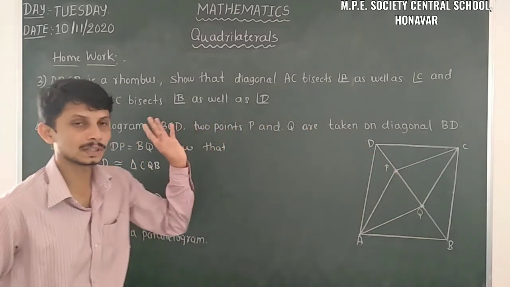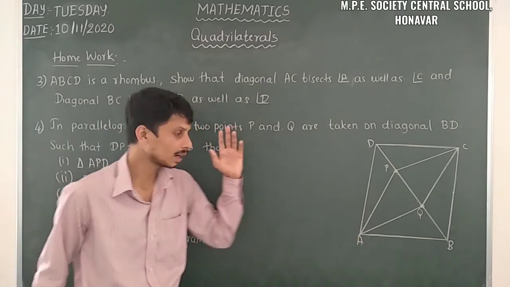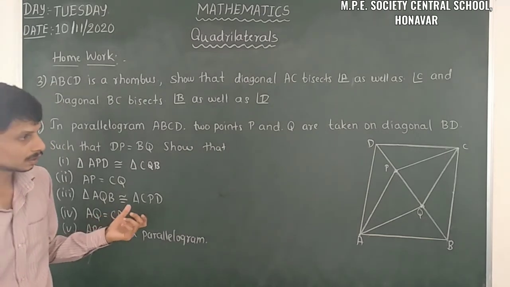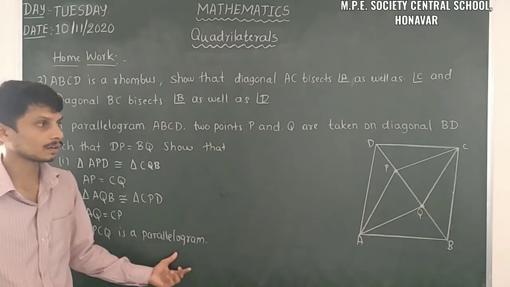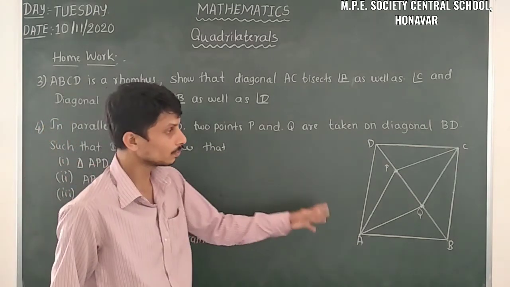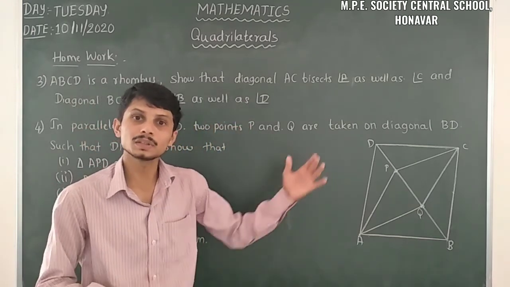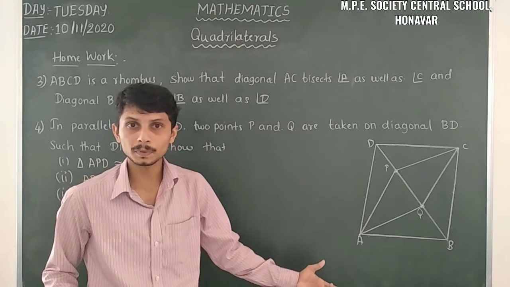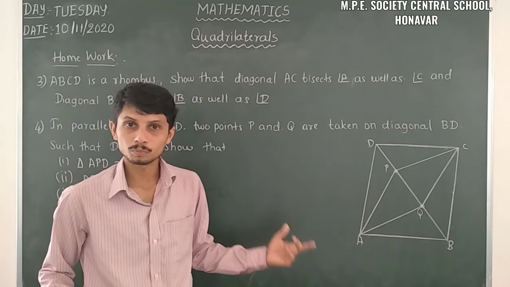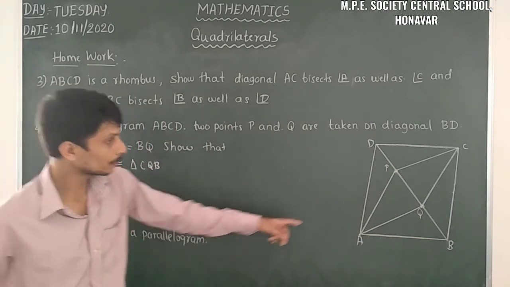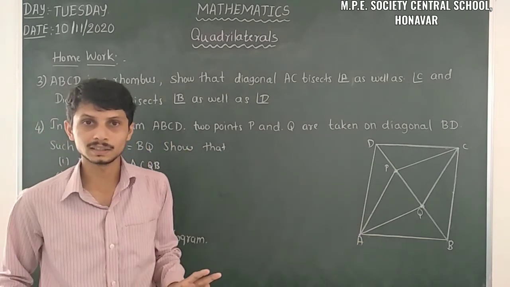What are the equalities possible there? You have to write. After that, AQ and CP are CPCTs, and then finally you have to prove that APCQ is a parallelogram. Using the properties of a parallelogram, such as opposite sides being equal, you have to prove that APCQ, what is formed here, is a parallelogram.